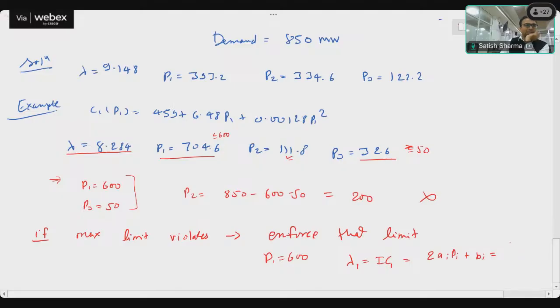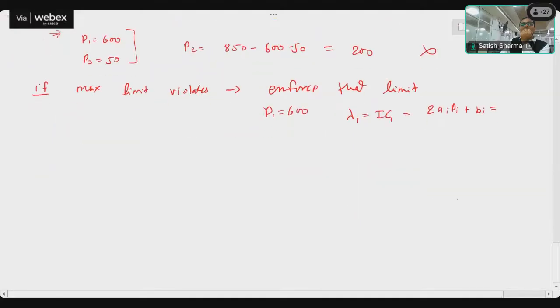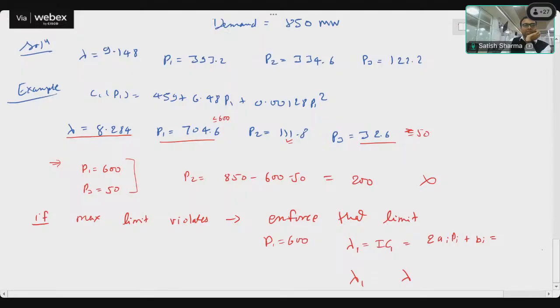Can somebody calculate it? Okay, you need data, but let's not calculate. Can somebody tell me what will be the relationship between this lambda 1 and the lambda which we have obtained right now, this particular value here, this 8.284? What should be the relationship?